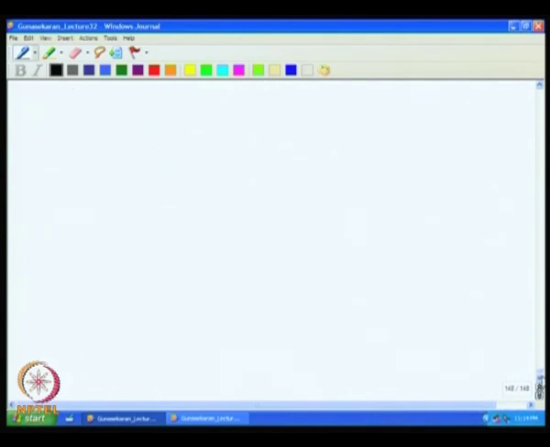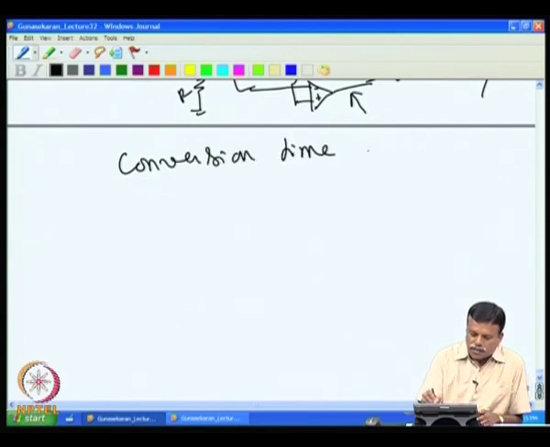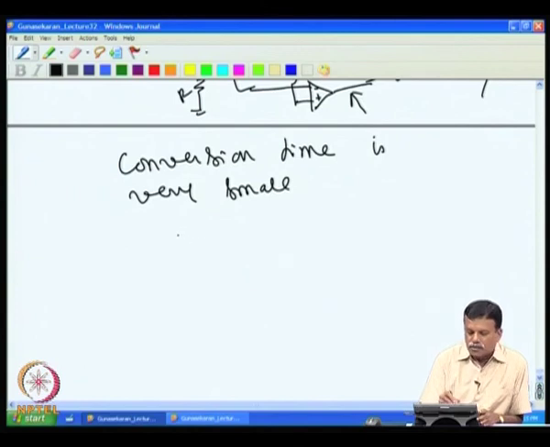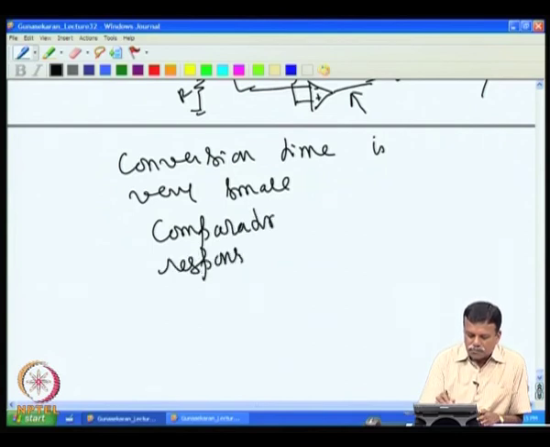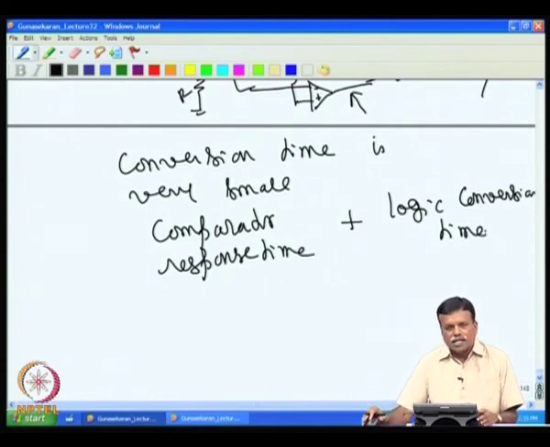So, the conversion time is very small, that is, comparator response time plus logic conversion time, which can be less than a microsecond.